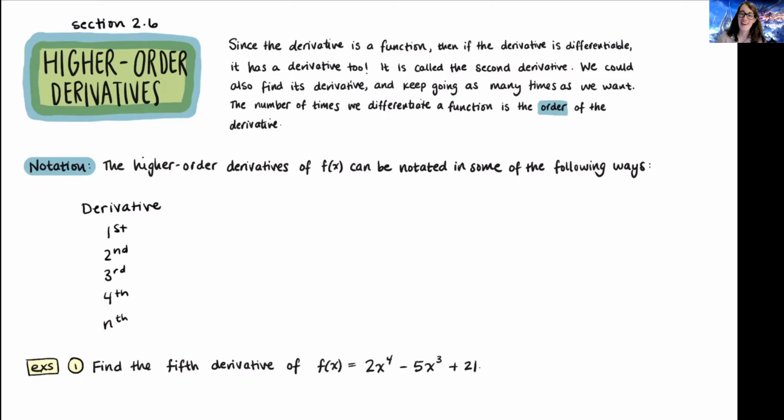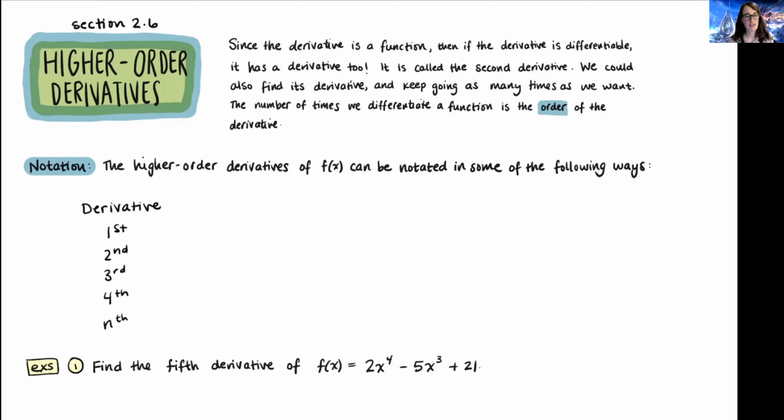That's it. So the order is the number of times that we differentiate a function from what we'll call the original function, or where we started. There are a few different ways of notating derivatives. We have been finding first derivatives since we've started taking derivatives.